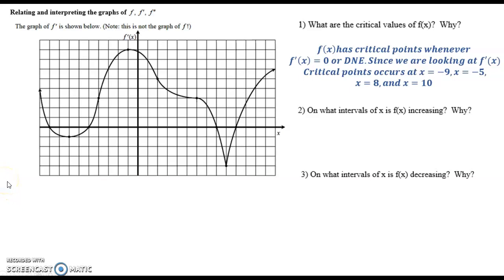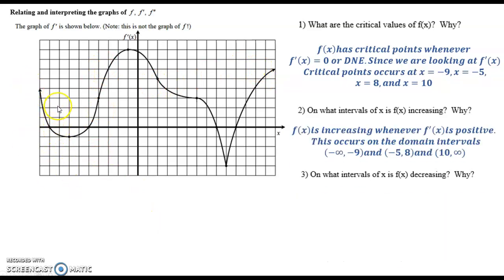Number 2 says, on what intervals is f of x increasing? Again, f will be increasing when the derivative is positive, or in other words, when the derivative curve has positive outputs, where the derivative curve is lying above the x-axis. So in this case, from -∞ to -9, the derivative curve has positive values.